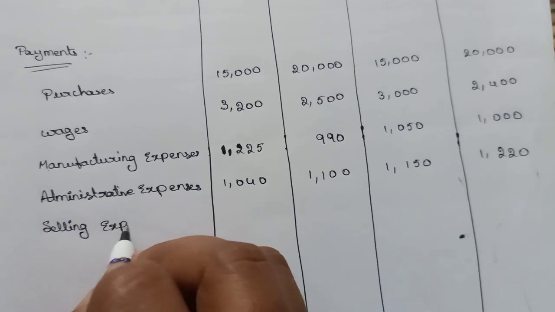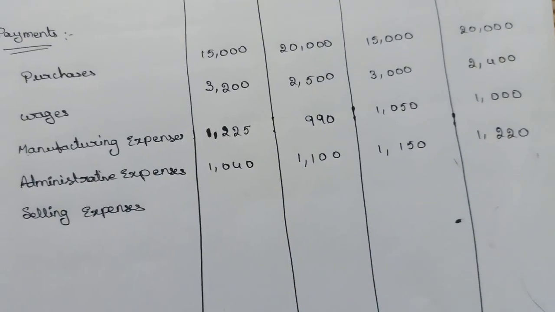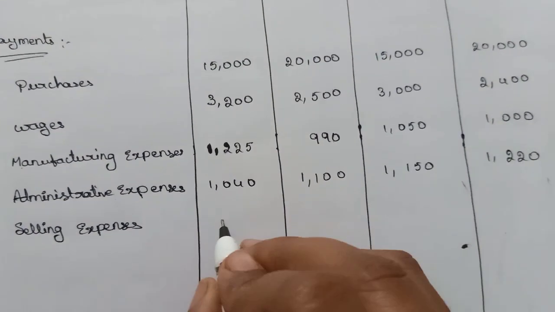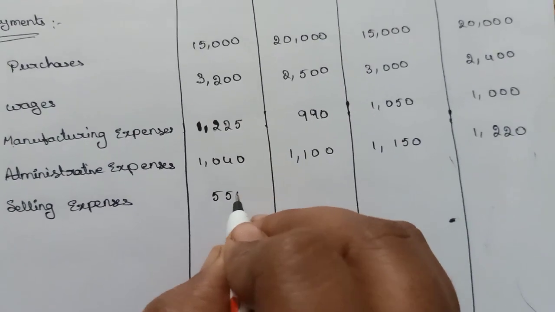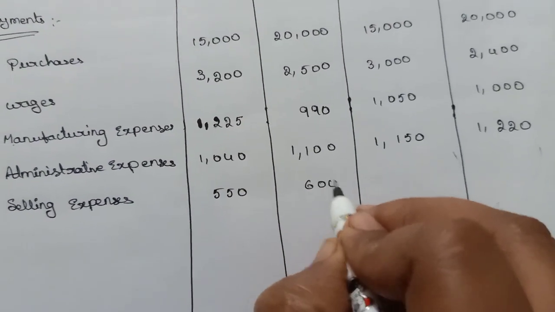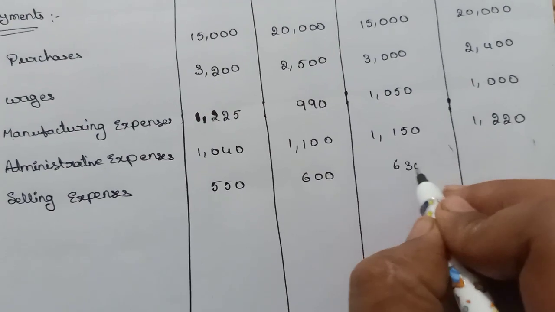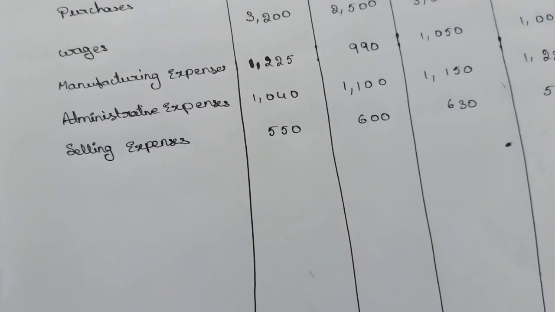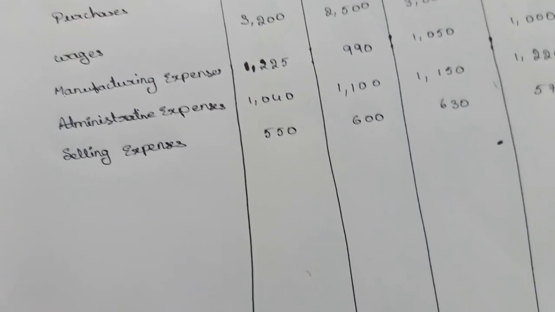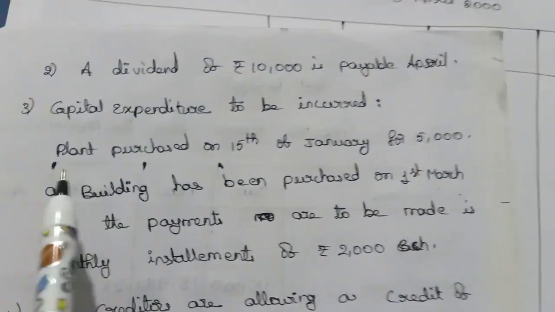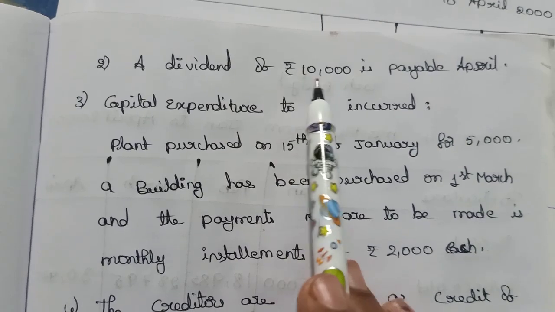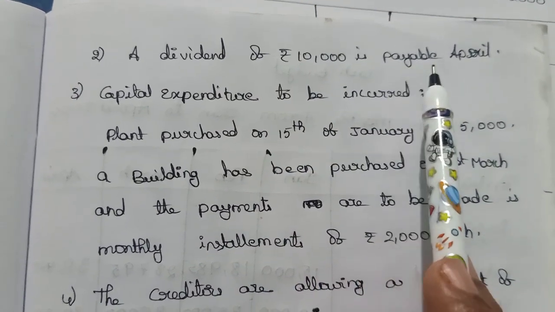Next one is the selling expenses. This is also other additional information they gave, after 1 month. So 550, 600, 630, 570. So in additional information we already know that a dividend of 10,000 rupees is payable in April.